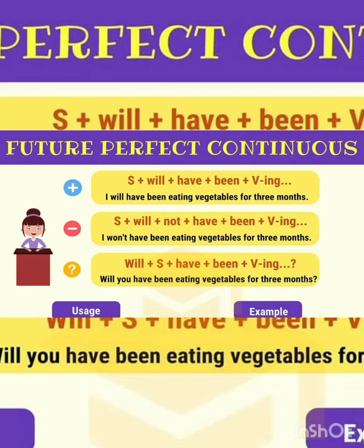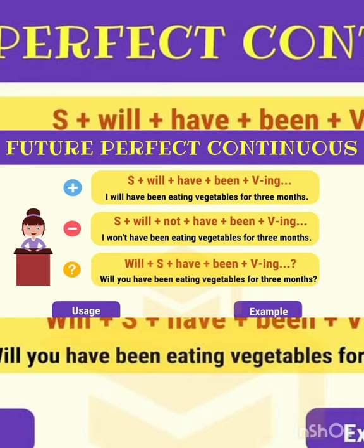And then to frame a negative sentence in future perfect continuous tense, the formula is subject plus modal auxiliary, that is will, and then comes not, and then comes have, then been plus verb 1 plus ing. Example, I won't have been eating vegetables for 3 months.